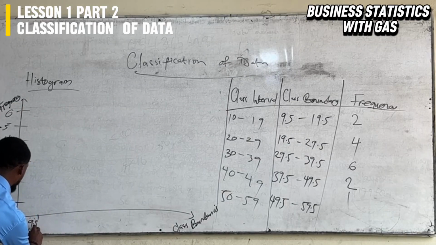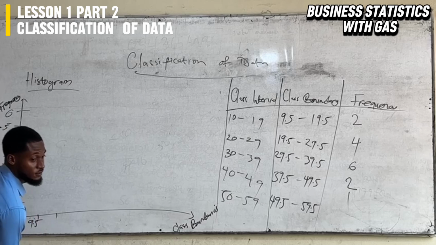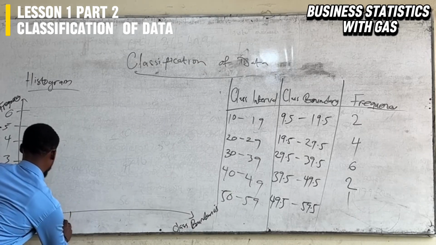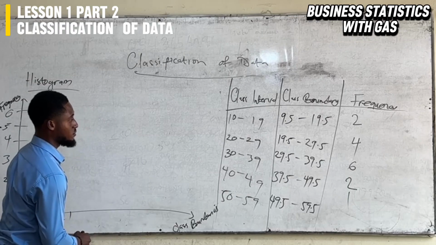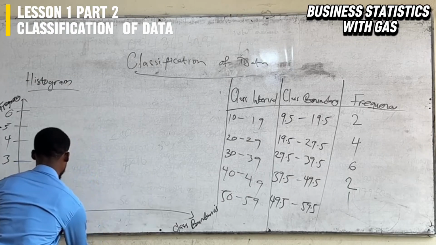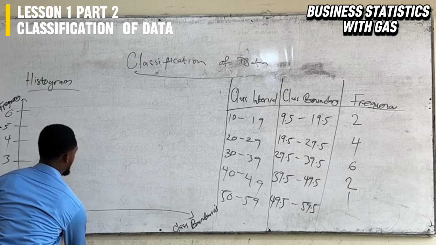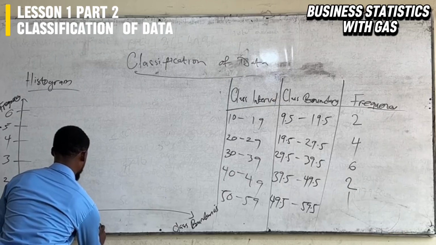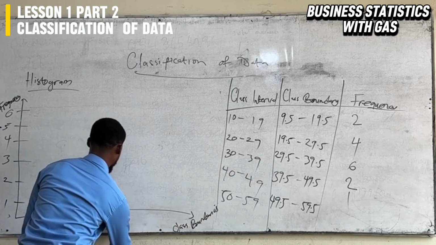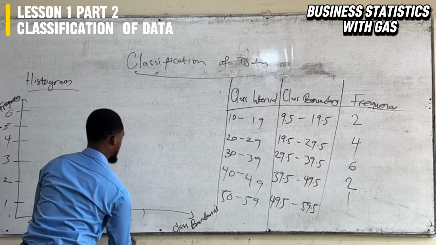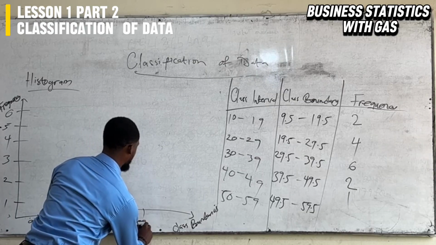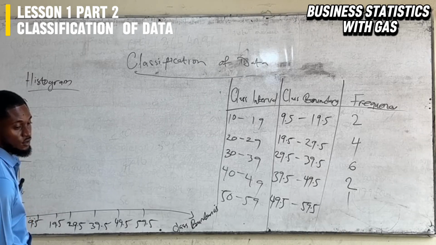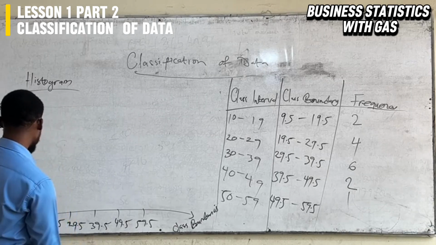So we have 9.5, 19.5, 29.5, 39.5, 49.5, and we have what? 59.5.